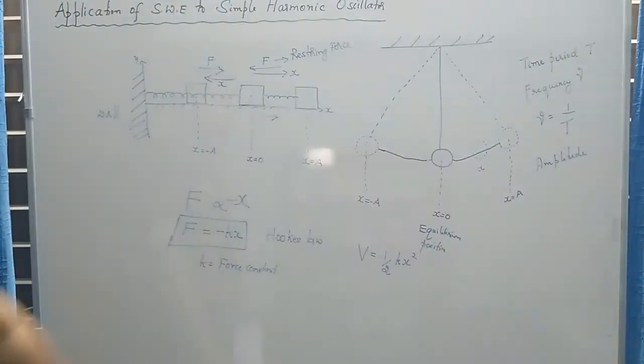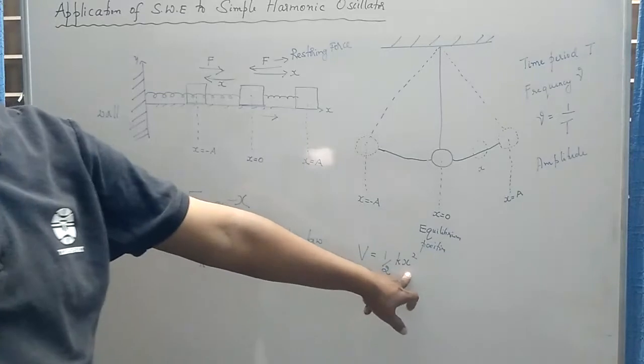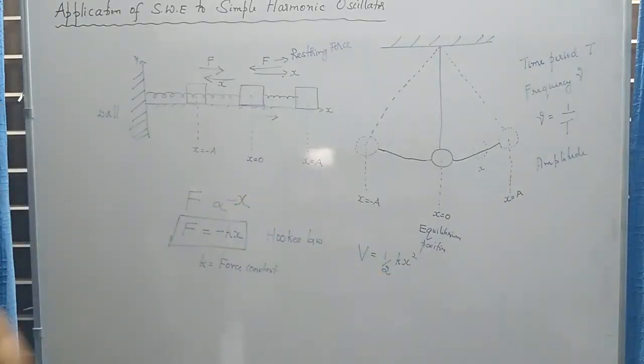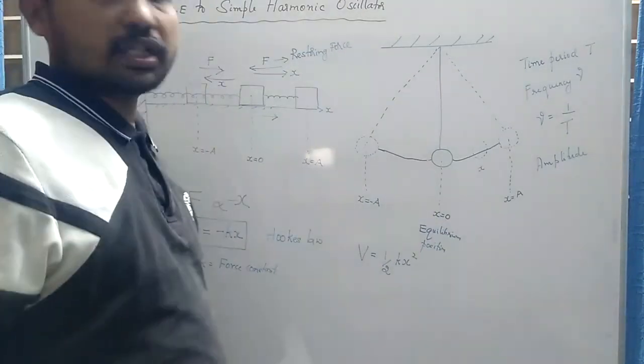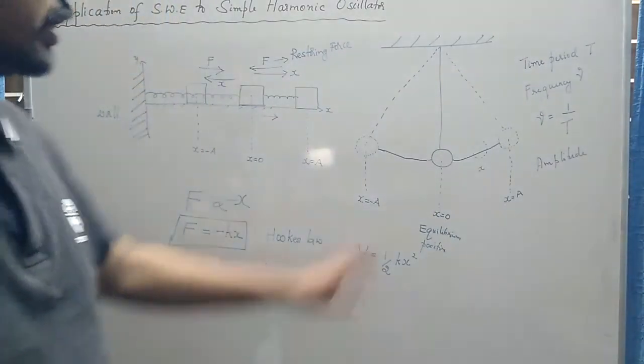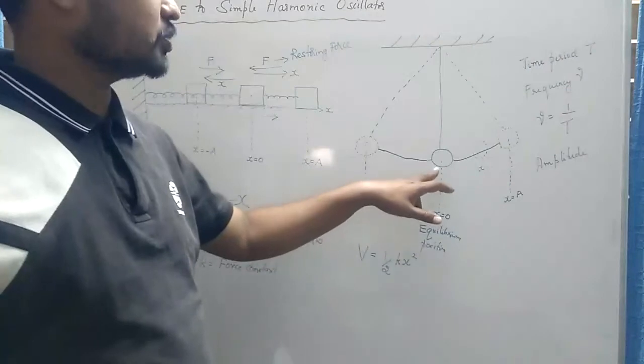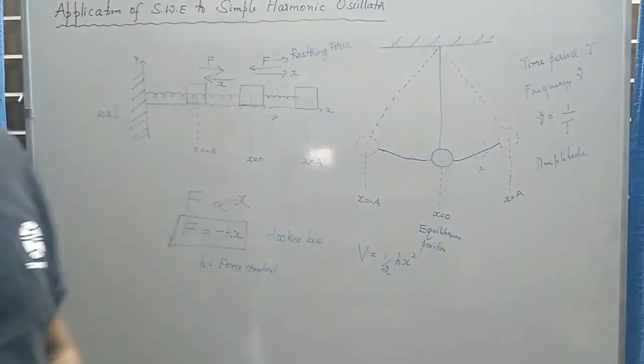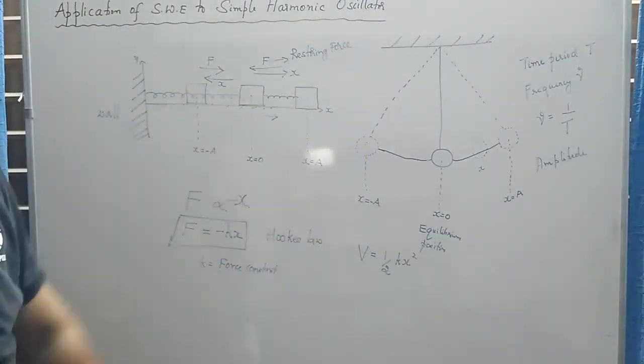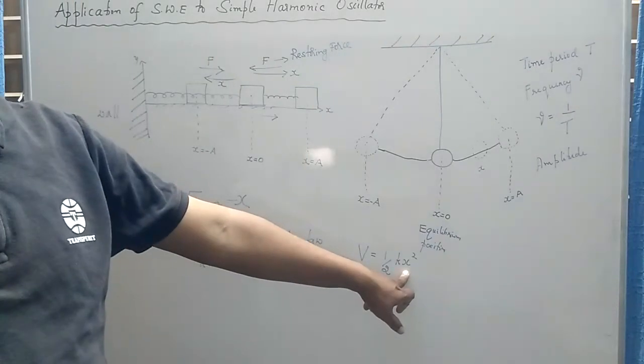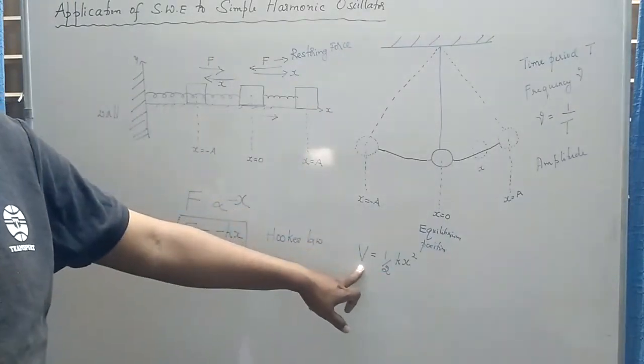So what we see here is potential energy depends on the position of the particle. k is again the force constant. Let us try to understand the potential energy of the object at a different position. When the object is at equilibrium, that is there is no displacement, x is equal to 0, and V becomes equal to 0.